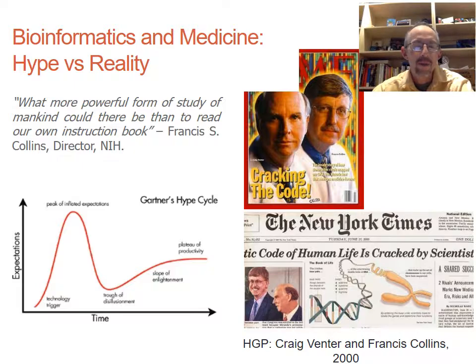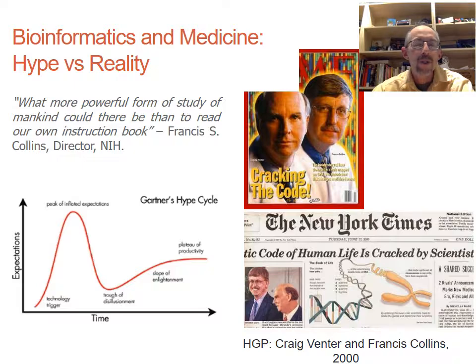And I've also put on this slide this Gartner's hype cycle, which I think applies to this situation quite well. And notice the steep rise in expectations is called the technology trigger. Then you reach a peak of inflated expectations. Then there's a trough of disillusionment, followed by a slope of enlightenment and a plateau of productivity.